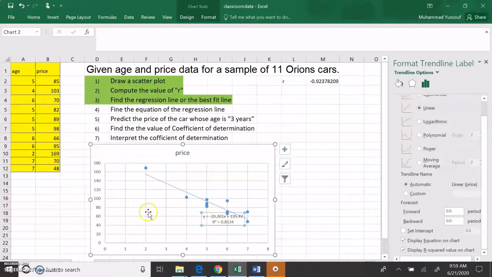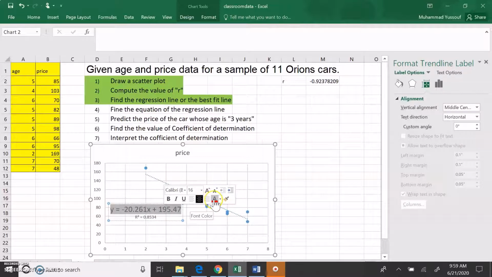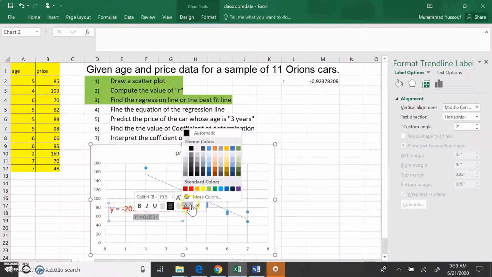Look at that. The top one is the equation of the regression line. Let me make it a little larger, and let me change the color also, so that we can draw your attention.